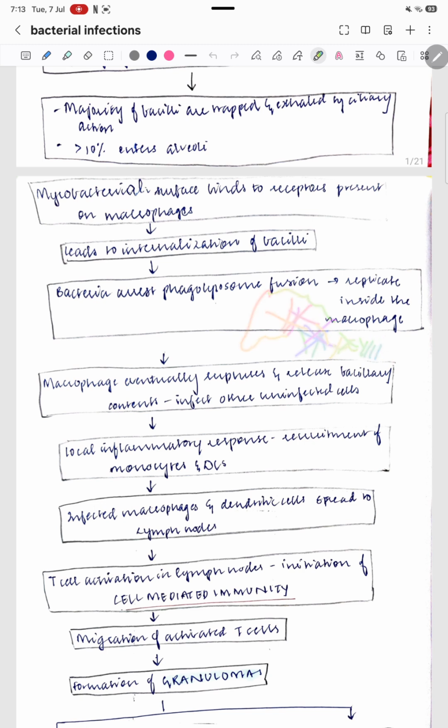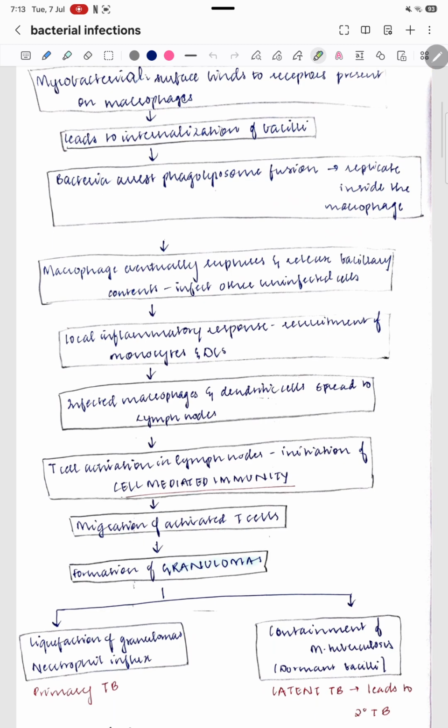Now the bacillary contents infect the other uninfected cells. Then there is local inflammation and an inflammatory response is generated, which is the recruitment of monocytes.